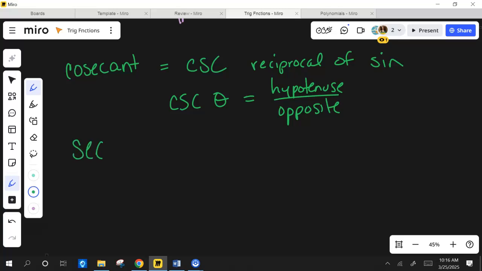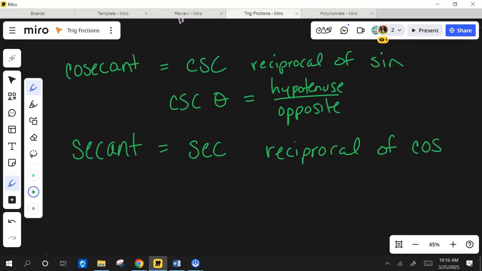Secant, which we abbreviate as SEC. By the way, SIN is an abbreviation. It's really SINE for sine, but we abbreviate it SIN. Secant is the reciprocal of cosine.